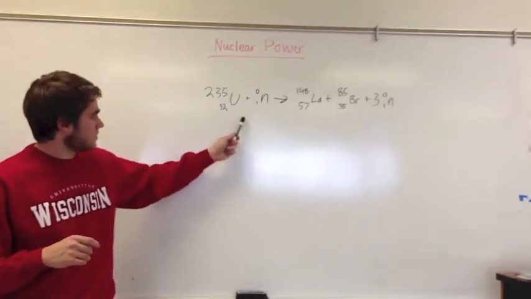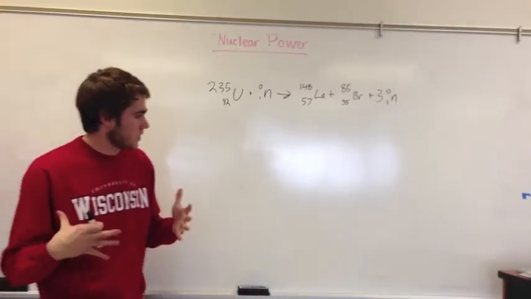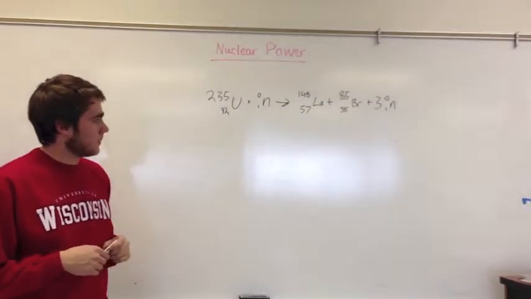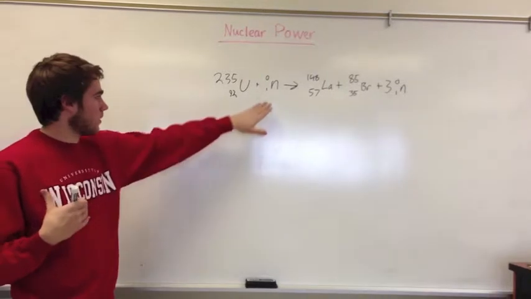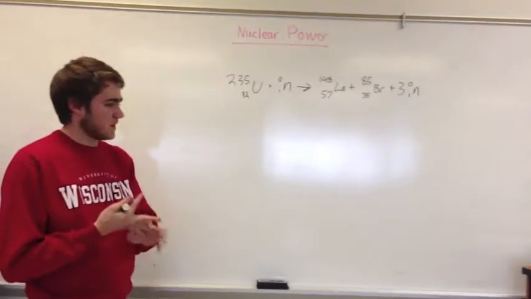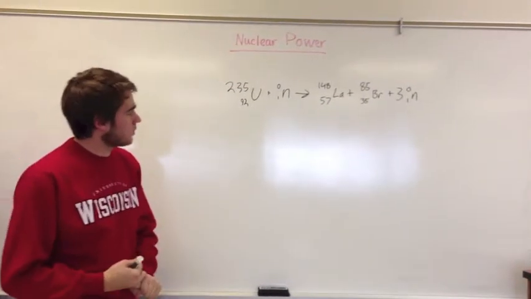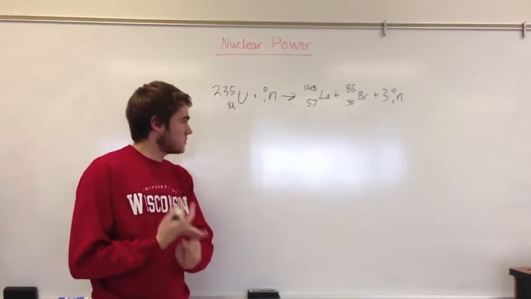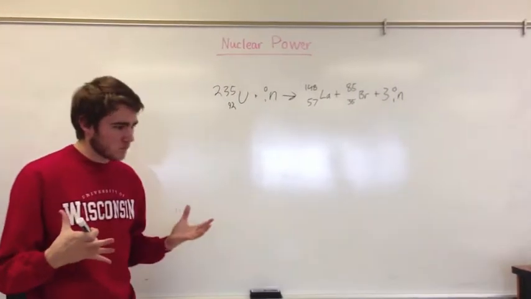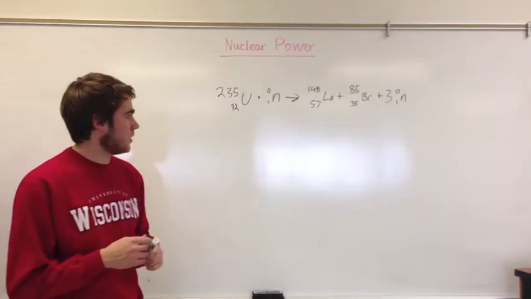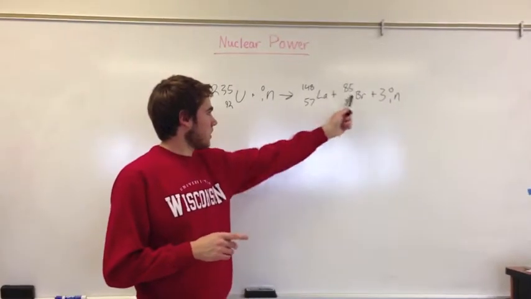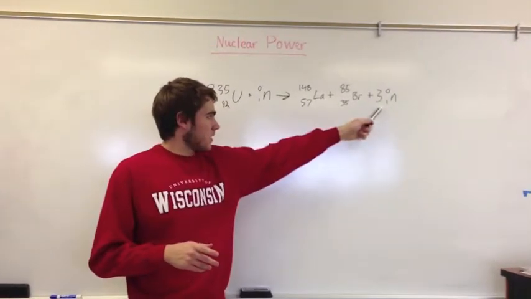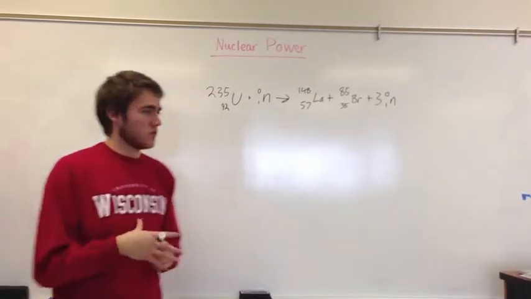So here's an equation for a fission reaction that we talked about earlier. The uranium-235 would be your parent nucleotide, and once it's bombarded with a neutron, it always splits, like I said, into two daughter nucleotides. There are never two specific products, but one will always be larger than the other, and then a certain number of neutrons are given off from this reaction.